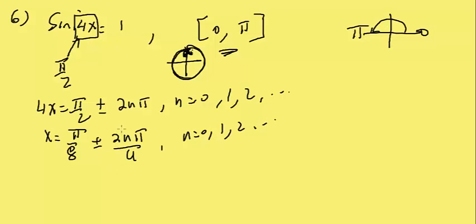I can clean this up a little bit. That and that reduce, I get 2. I get my answer to be pi over 8 plus or minus n pi over 2.